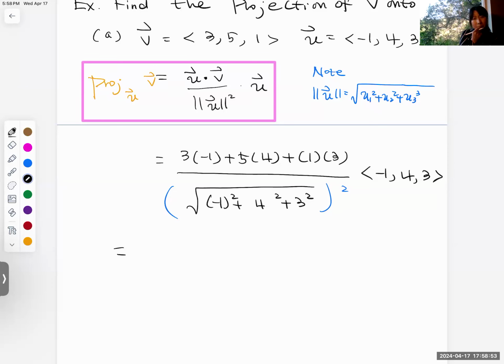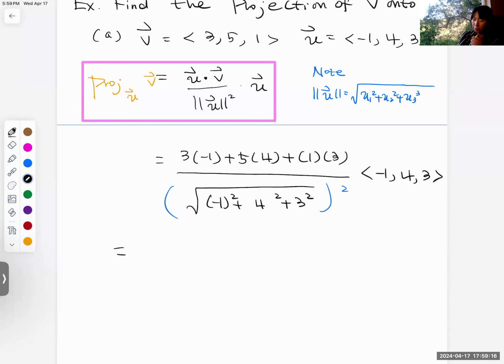Okay, what do you get? The numerator? Oh, so you multiply everything.